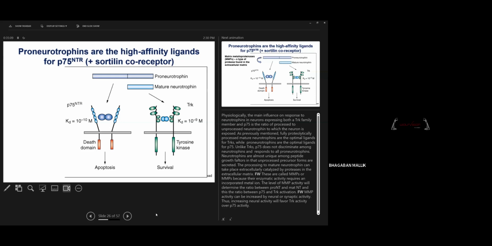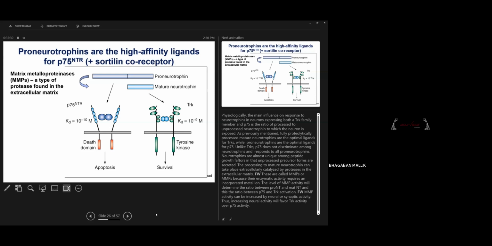So basically, you have synthesis of pro-neurotrophins, and the pro-neurotrophins get processed by the matrix metalloprotease present in the extracellular matrix of the cell, which acts on these pro-neurotrophins.